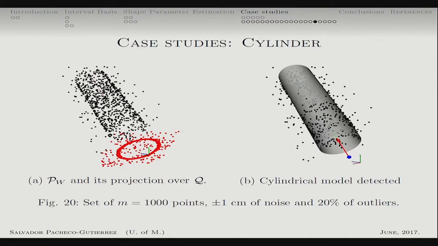Then we just project the points on top of that plane, which you can see here in red. Basically, that's a projection of that vector. That becomes a two-dimensional problem of finding a circle. So that's how we define the radius. And we have the axis, and we can define the whole cylinder using that approach.